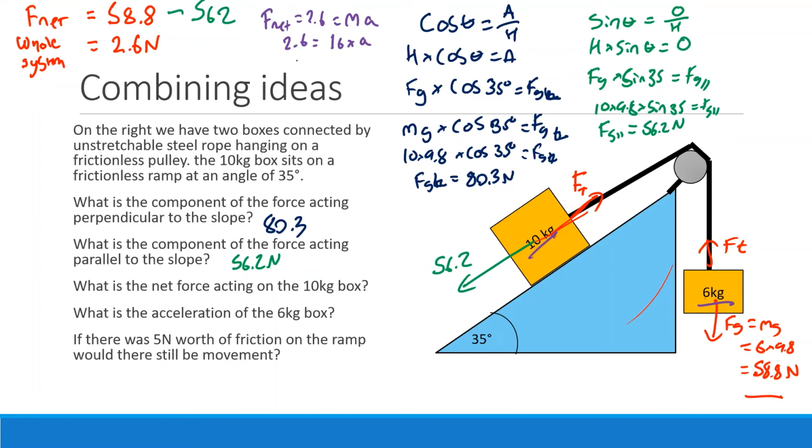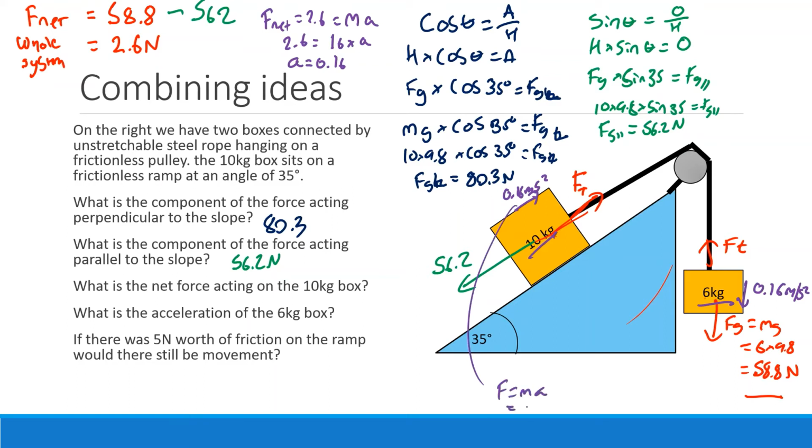So the acceleration equals 0.16 meters per second squared for this one, and 0.16 meters per second squared for this one. Okay, now we know that F equals ma.